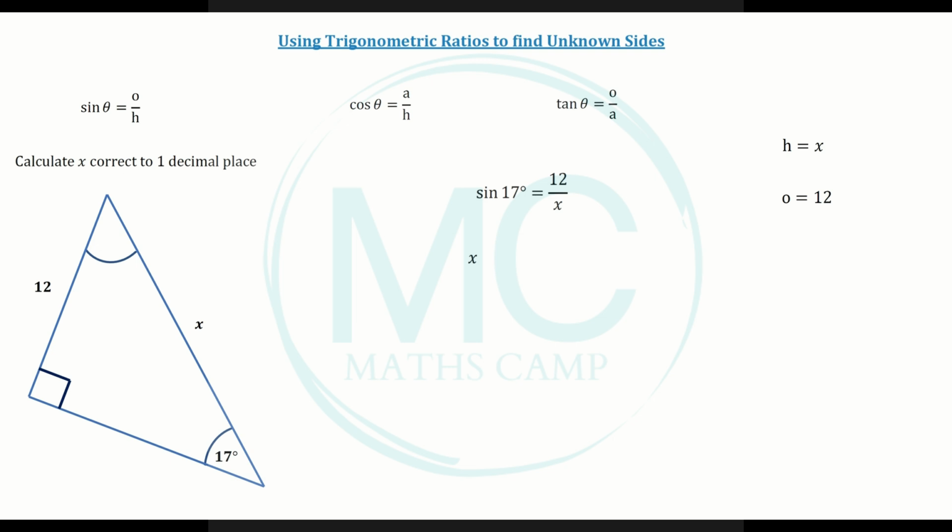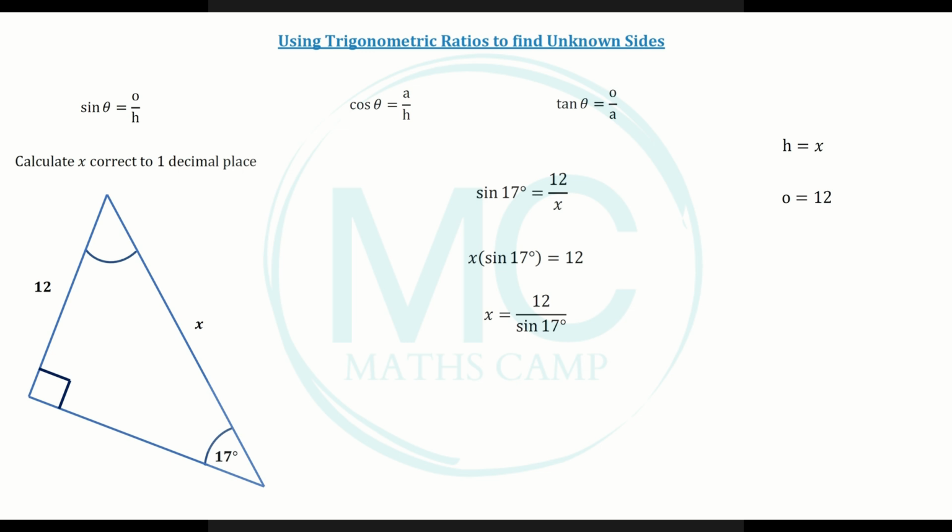So now we'll have x multiplied by sine 17 degrees is equal to 12. But to solve for x, we need x by itself. And in this case, we now need to divide by sine 17 degrees. So on the left, we're left with x is equal to 12 over sine 17 degrees.